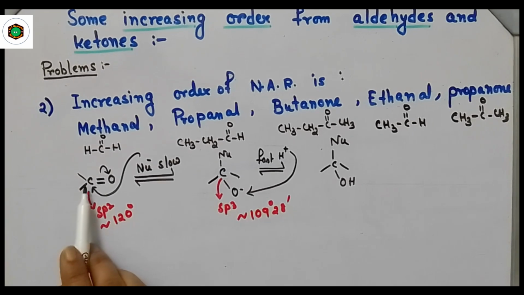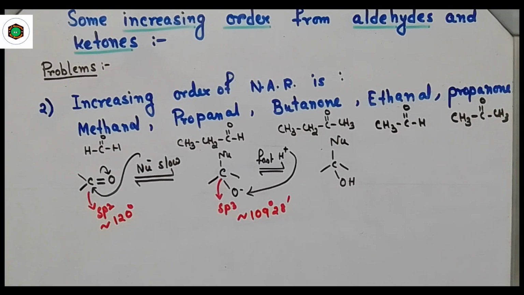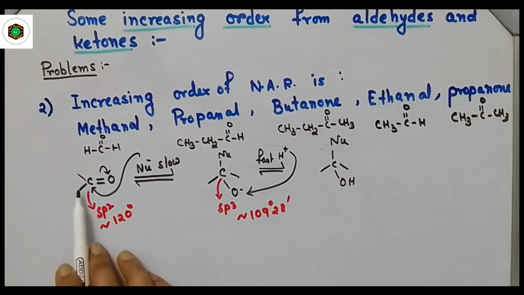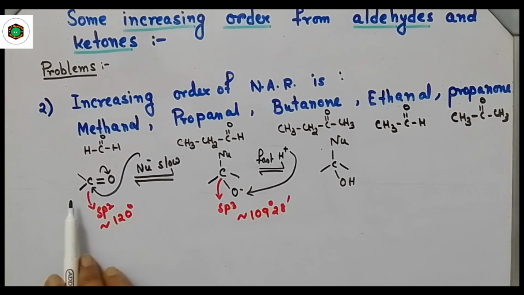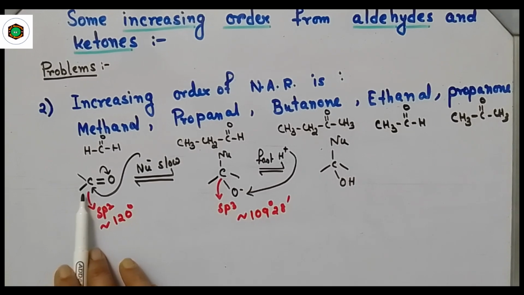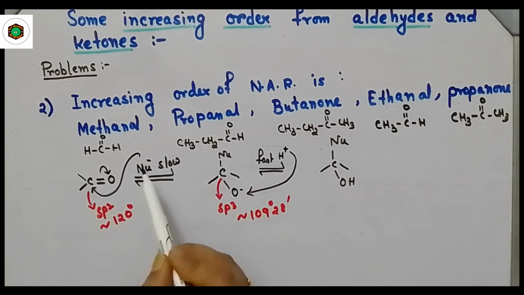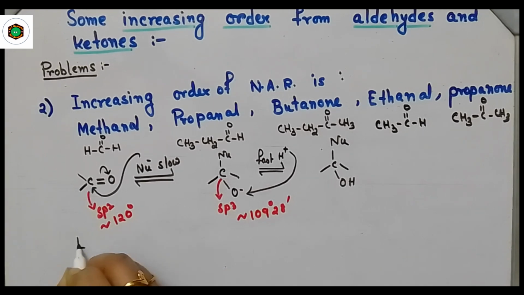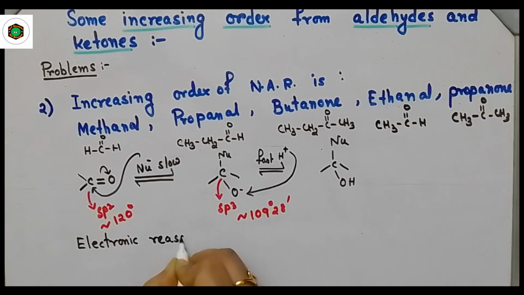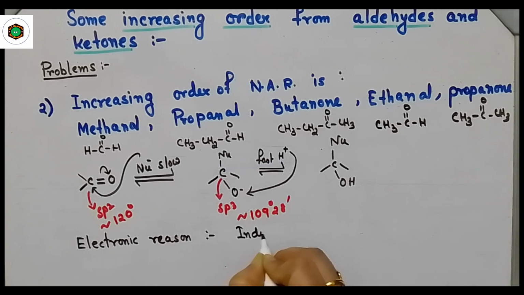Now see here, this carbon is having partial positive charge. So as the number of alkyl group increases on this carbon due to positive inductive effect, positive charge on carbonyl carbon decreases, and this reaction will become slower. So from electronic reason, by inductive effect, you can give the answer.